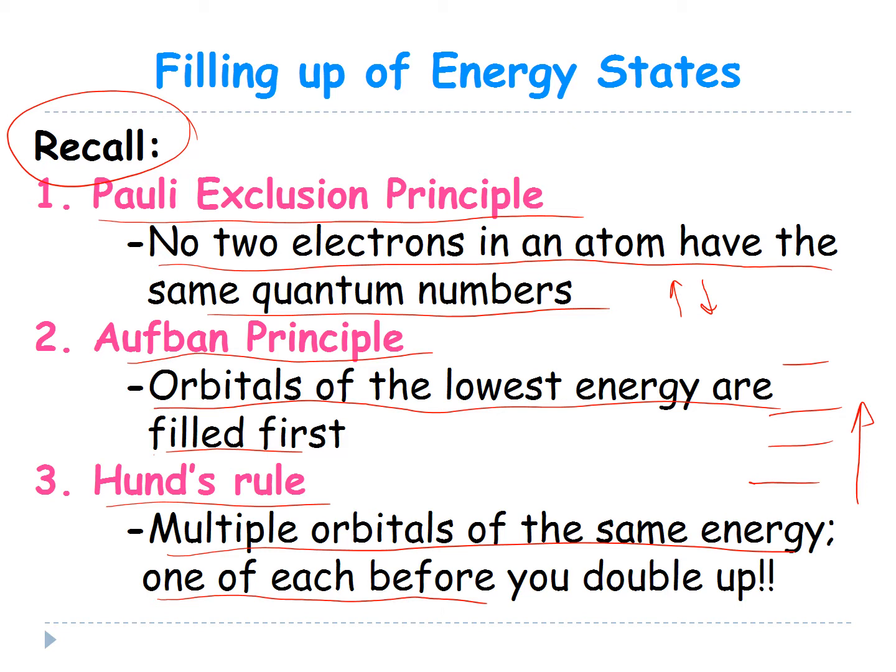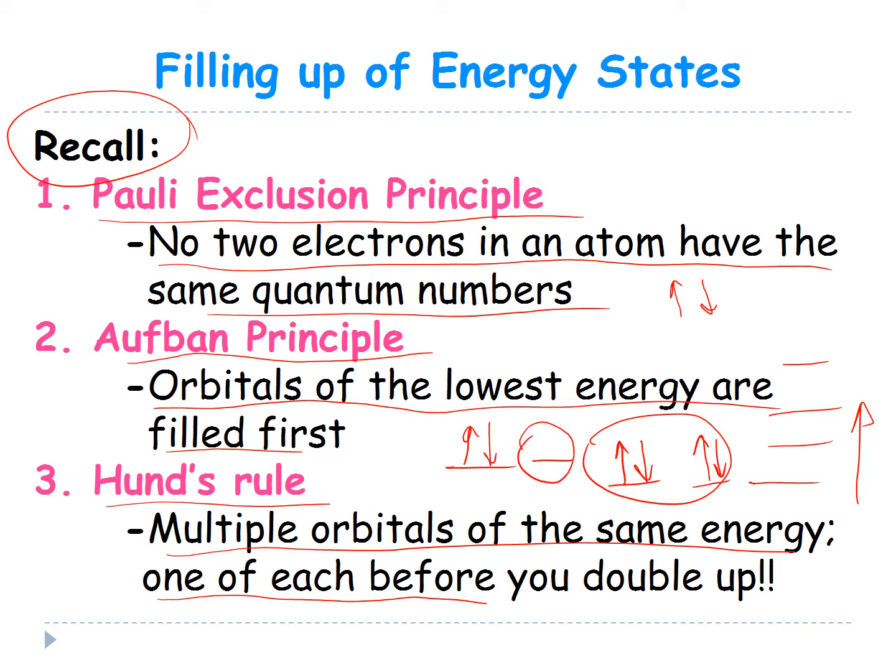So if, for example, at this energy level we have two states, and you can have two electrons in each state, you have to go up and up. You can't double up in one state while leaving the other state empty.